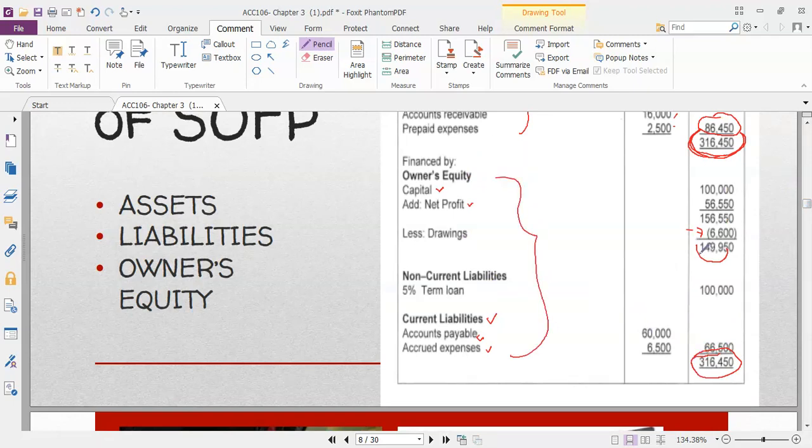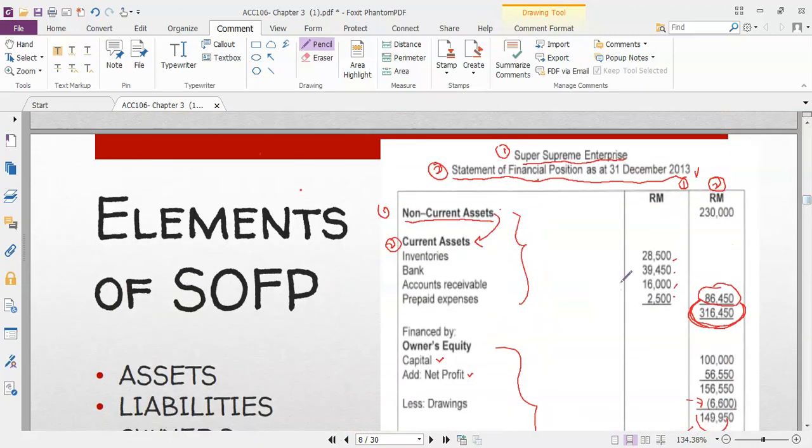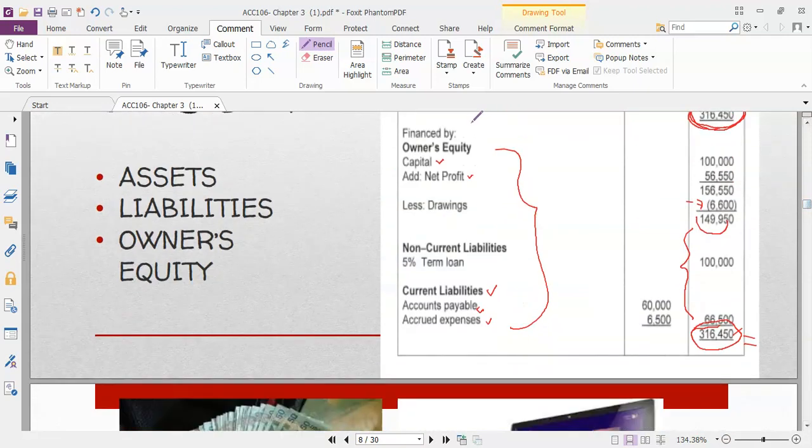Yang ini, bila kita tambahkan, dia jadi amount yang 316450 juga. Perasan tak? Okay, untuk aset, total non-current campur dengan current asset 316450. Kenapa boleh sama? Lepas tu, honest equity kita campur dengan liabilities pun sama juga. The value is also 316450.